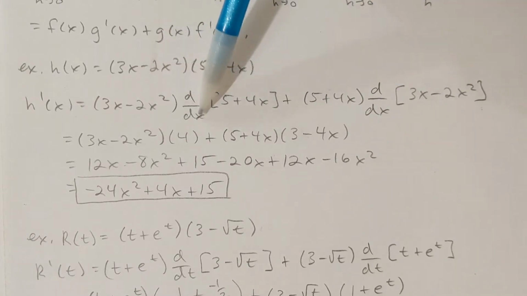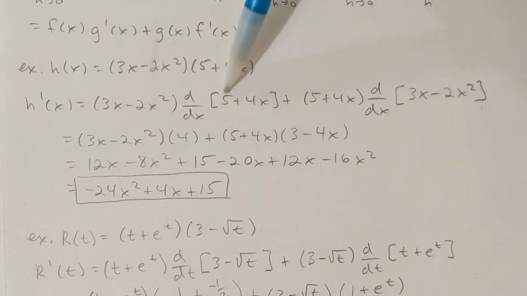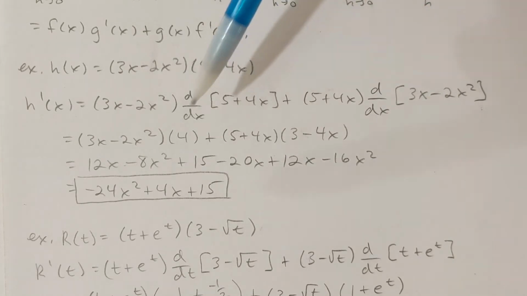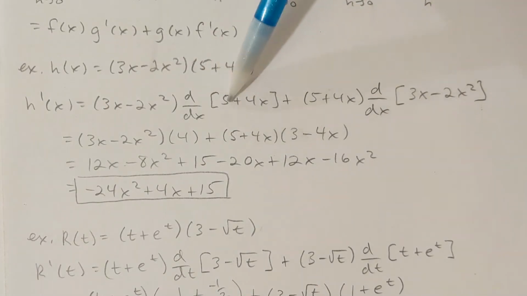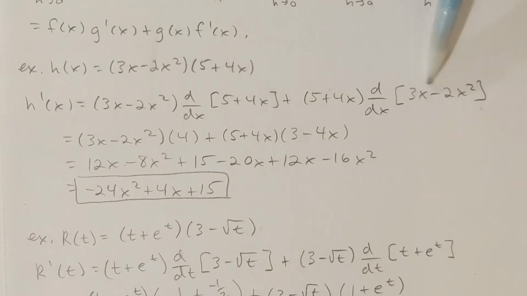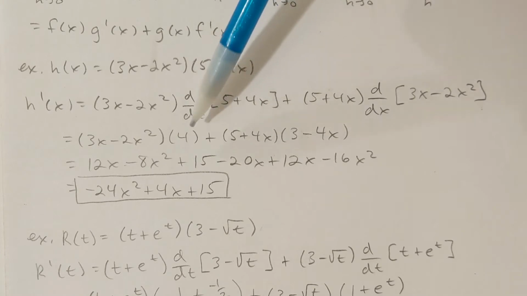Okay, I'm using the d dx notation here to indicate that I'm going to differentiate this expression. Okay. Well, let me go ahead and differentiate these two expressions. So the derivative of 5 plus 4x, that'd be 4, right?